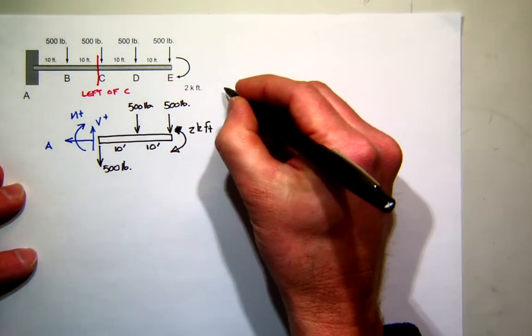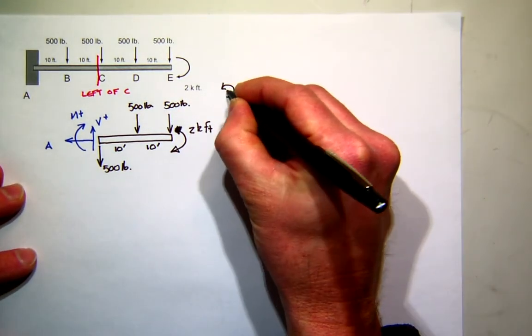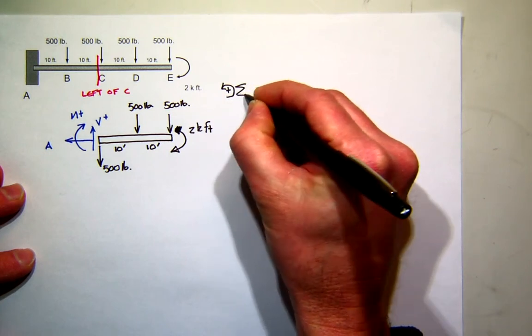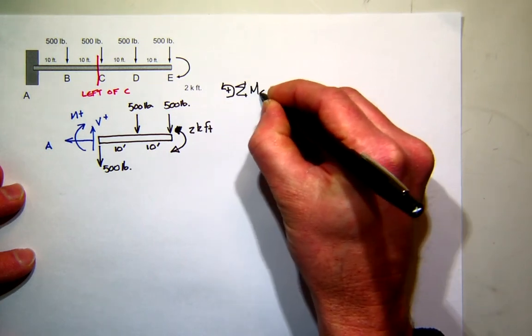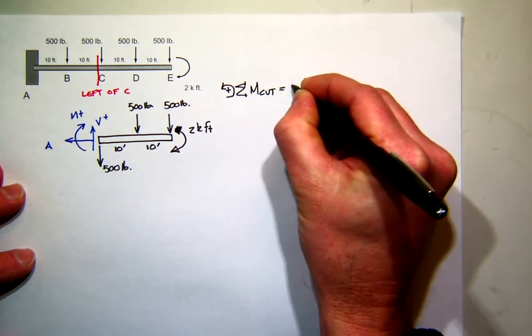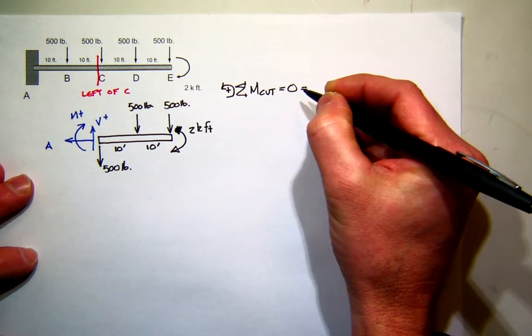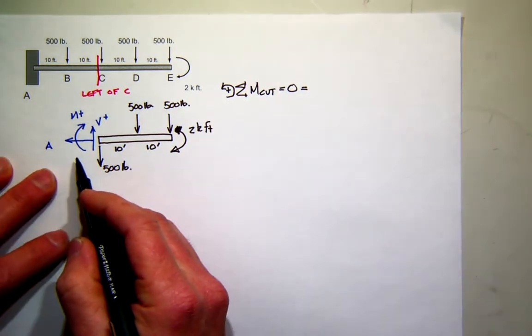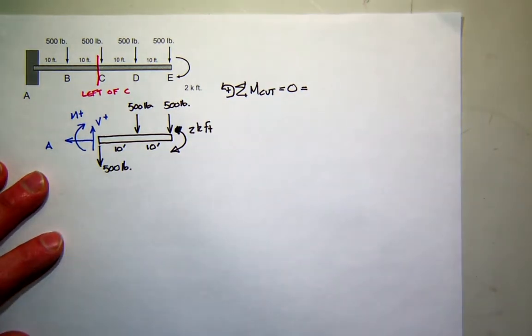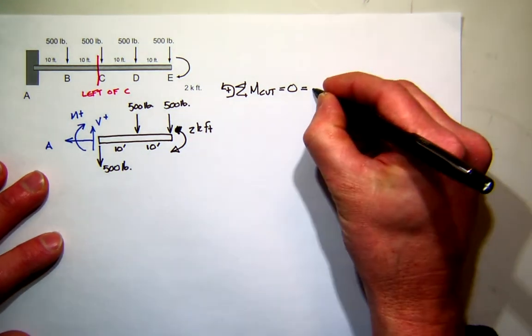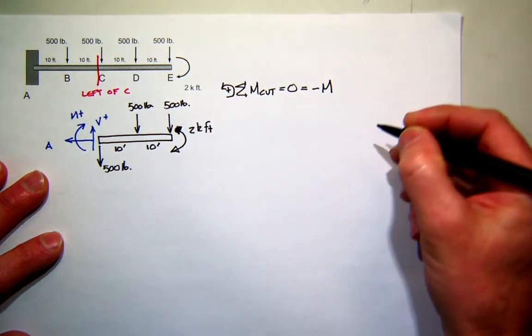All right, so what do we do now? Let's sum moments. So I'll use positive sign convention, right-hand rule. So I'm going to sum moments at the cut equal to 0. So what kind of moment with my sign convention is this internal moment? Positive or negative? It's negative. So negative moment.